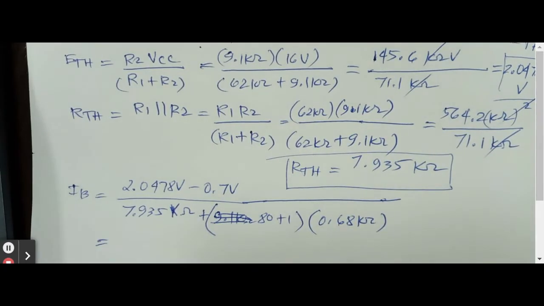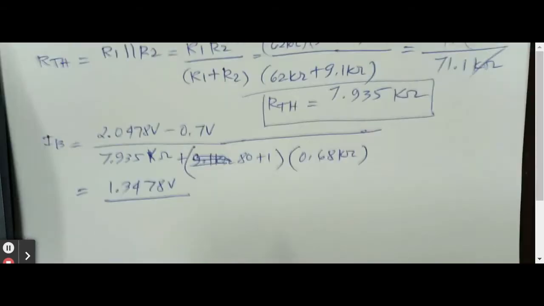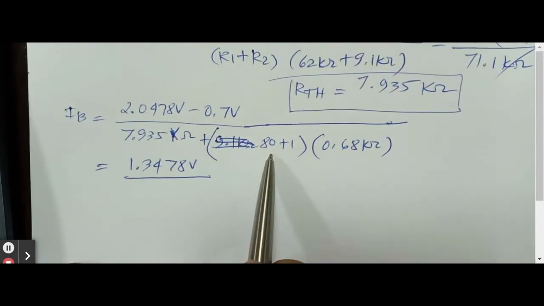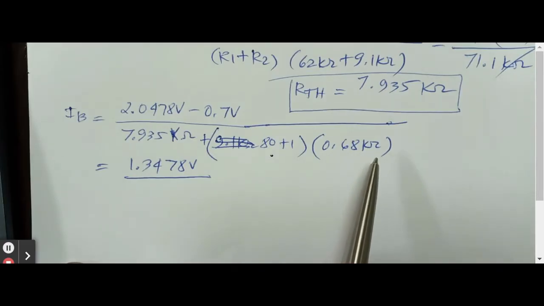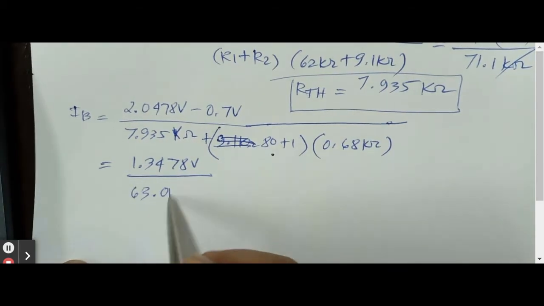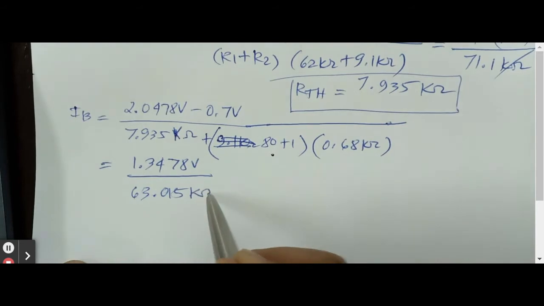So if we subtract 2.0478 minus 0.7, we'll get 1.3478 volts. And then if we add 80 plus 1, that will be 81 multiplied to 0.68 kilo ohms. And after that, we add it to 7.935, we will get 63.015 kilo ohms.